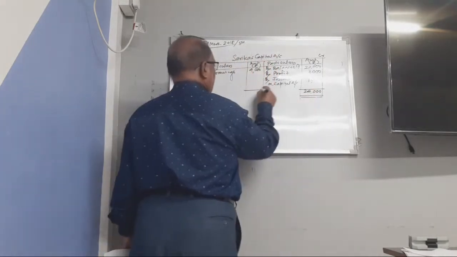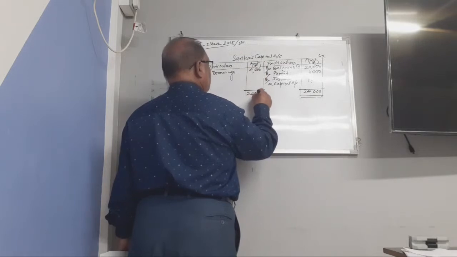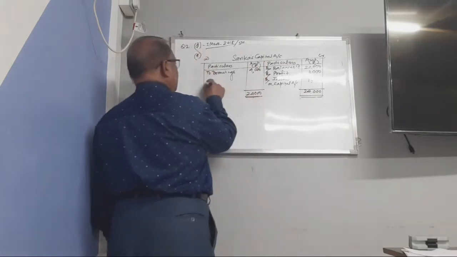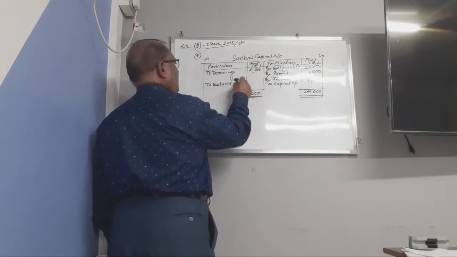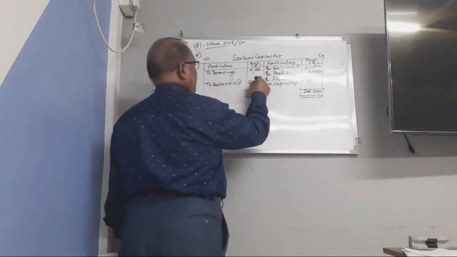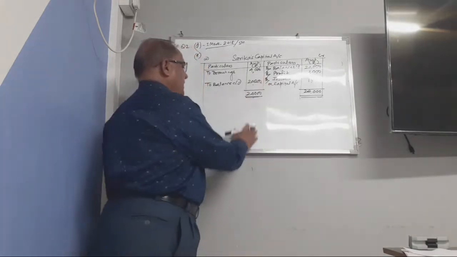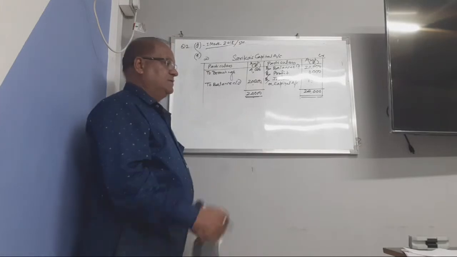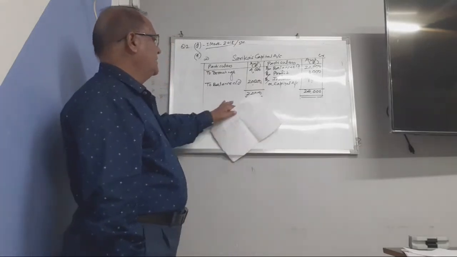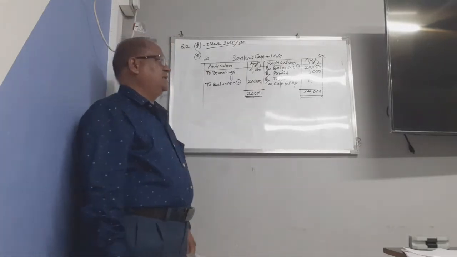The total would be on the debit side. Then you insert the balance carried down. You will get there 20,000. So Sarika's balance you get is 20,000. Just see, you will get a balance of 20,000.